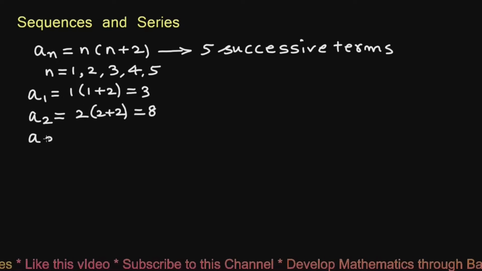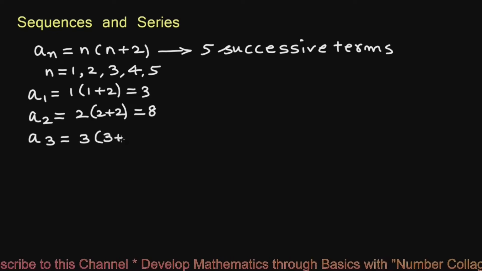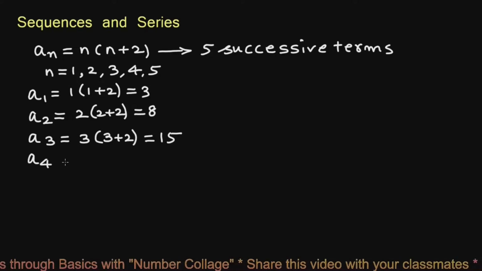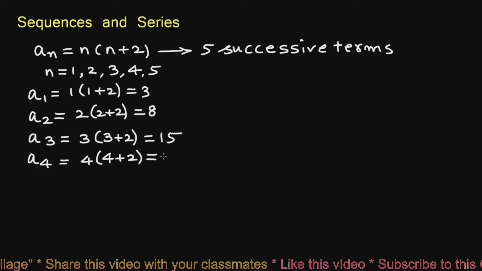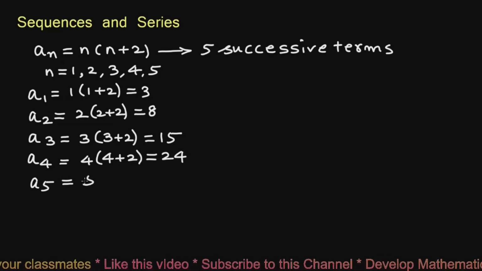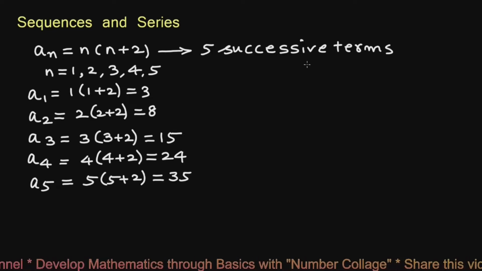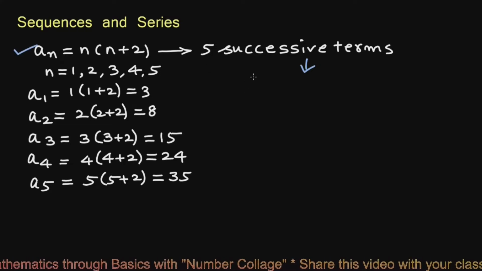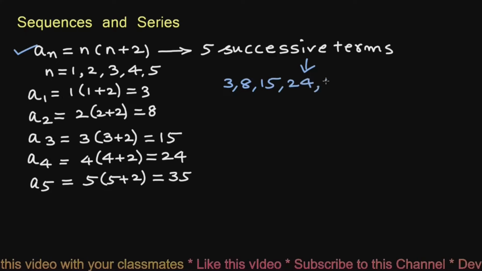Third term a3 will be 3 multiplied by 3 plus 2, that will be 5 3s are 15. Fourth term a4 will be 4 into 4 plus 2, 6 4s are 24. And fifth term a5 will be 5 into 5 plus 2, that equals 35. So the 5 successive terms of this sequence will be 3, 8, 15, 24 and 35.